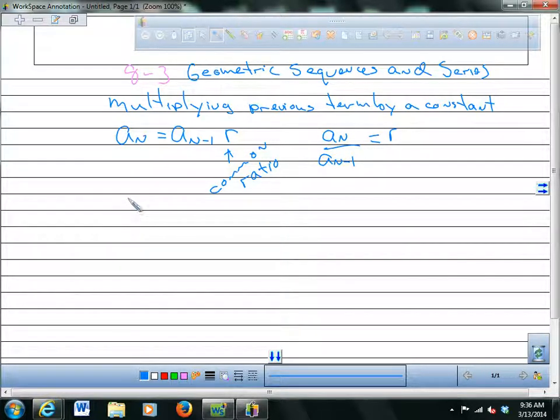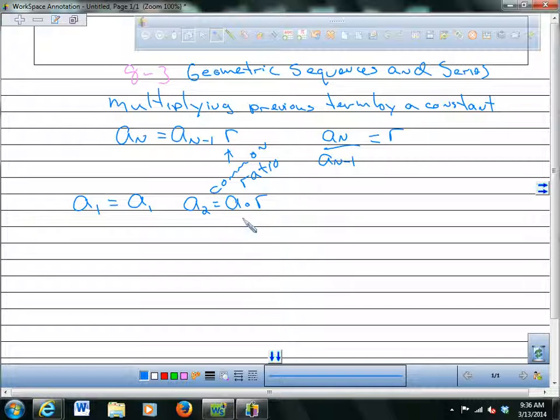Now, to have an actual formula for finding the nth term, very similar to what they do for arithmetic sequences: a sub 1 is equal to a sub 1, and a sub 2 would be equal to a sub 1 times r.